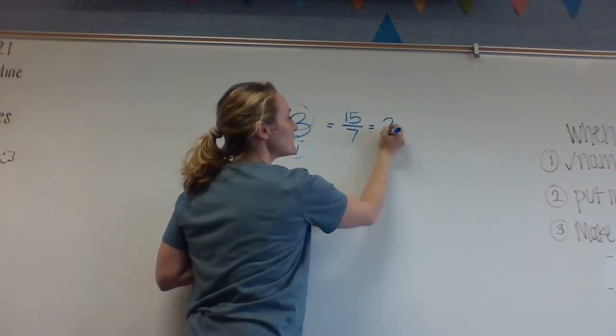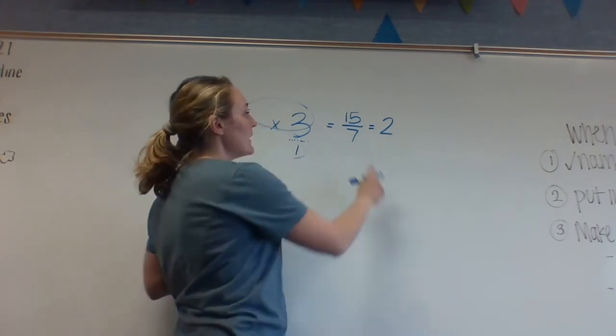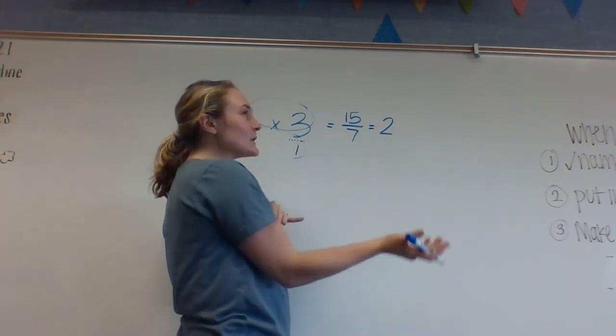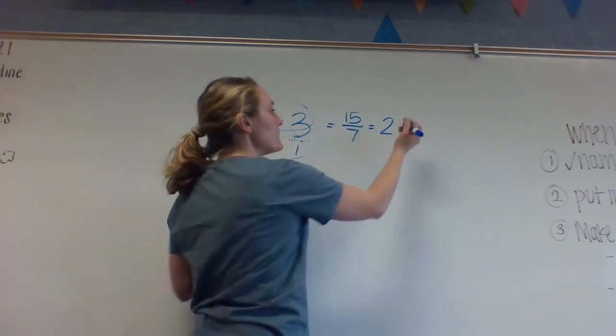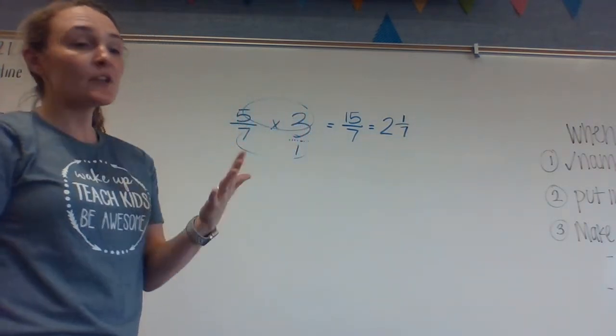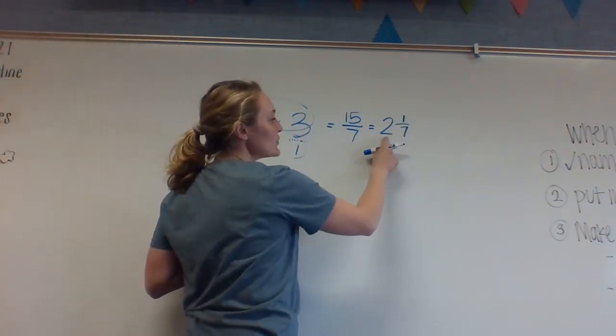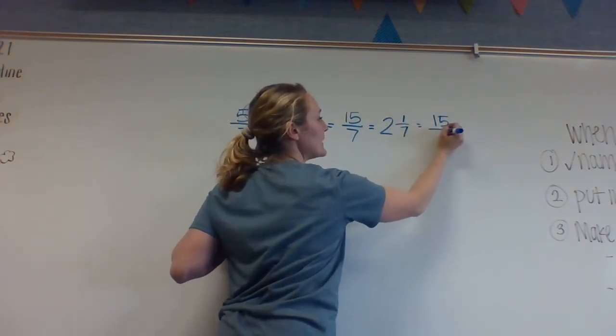Well, that would be twice, because 7, 14, 21 would be too big. And then how many are left over? 2 groups of 7 is 14, so 1 more would be needed, so 1 out of 7 gives me my answer. Another way to check it: 7 times 2 is 14, 14 plus 1 is 15, denominator 7.